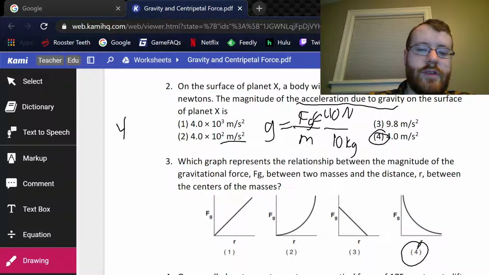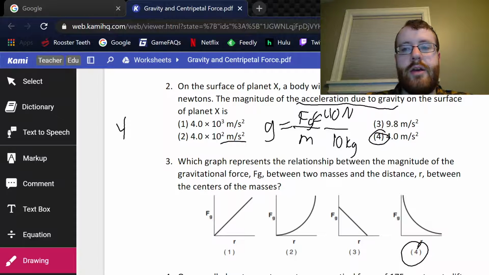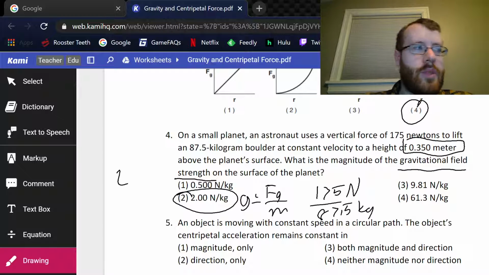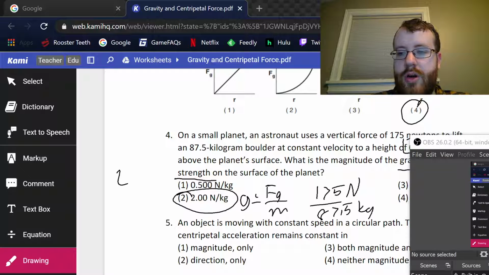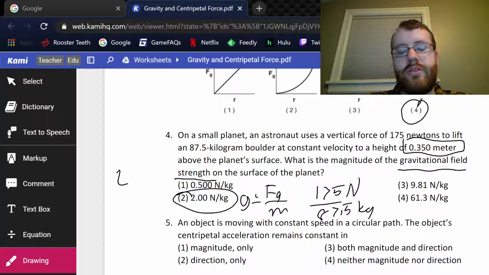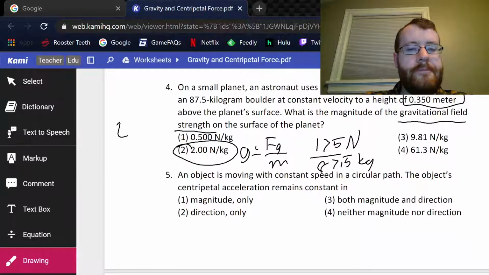Acceleration due to gravity and gravitational field strength are again the same thing, just two different terms that mean the same thing. It's mostly different because of how we use it. Acceleration due to gravity, of course, we'll be talking about accelerating objects much more. For gravitational field strength, you're generally going to be talking about weight, forces versus mass.